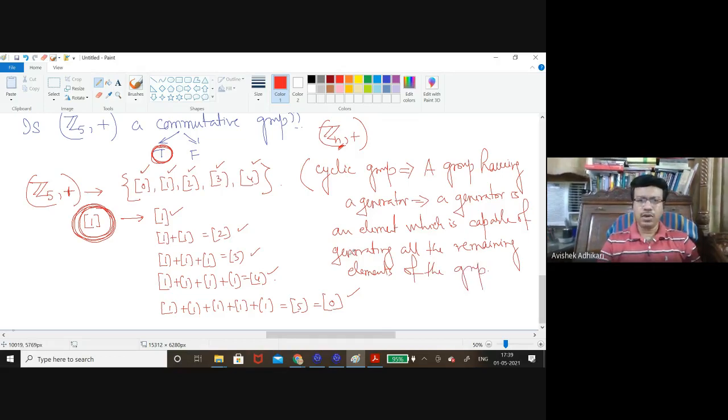Is it clear? What does generating mean? For addition, you can understand that by adding them up, if I am able to generate all the remaining elements. That's why it has at least one generator.